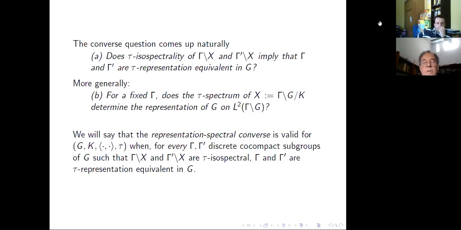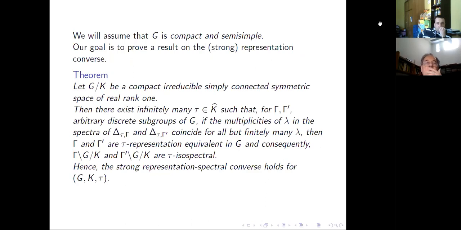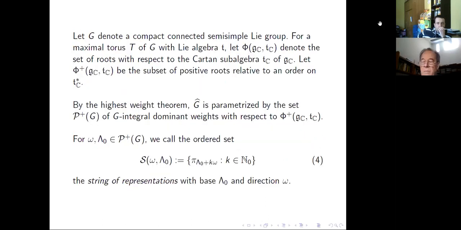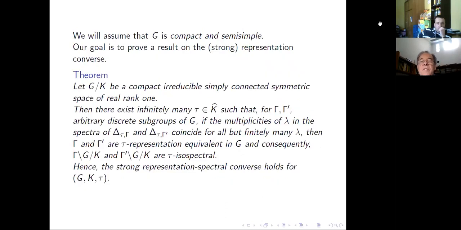That means that for every gamma, gamma prime discrete co-compact subgroups of G, such that the quotients are tau isospectral, then the groups gamma, gamma prime are tau representation equivalent in G. So we will assume that G is semi-simple and, of course, compact.